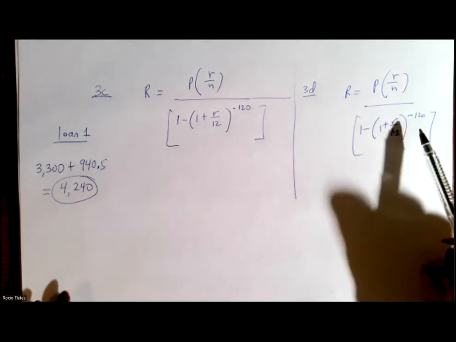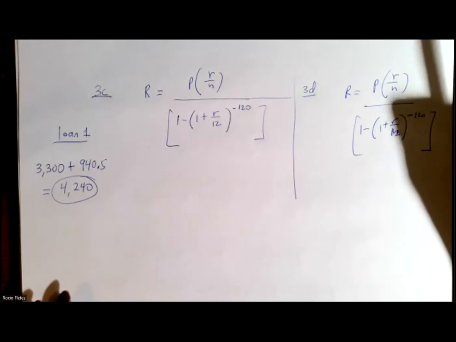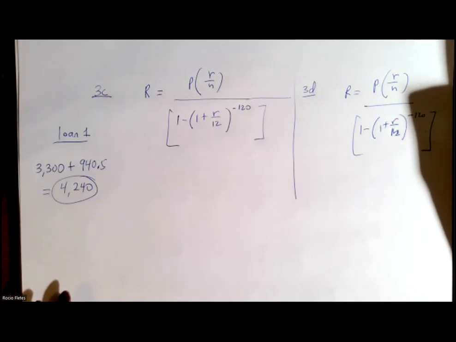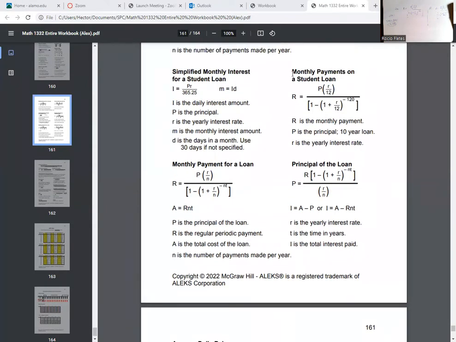And that is why this has a negative 120. Let me take you back to the workbook. For the student loan, this is the formula you want to focus on right here, monthly payments on a student loan.